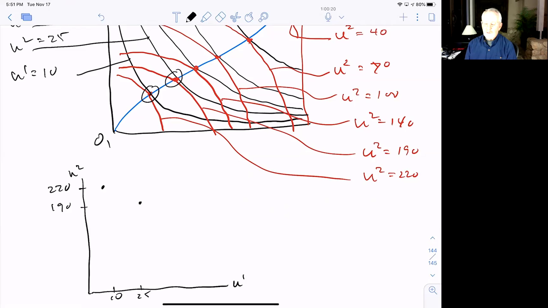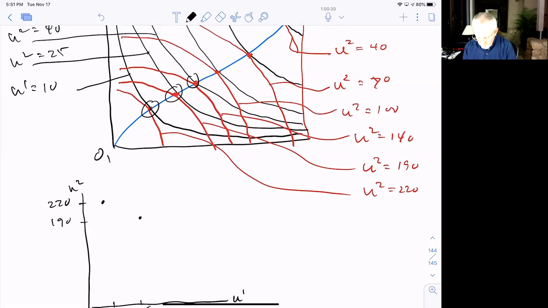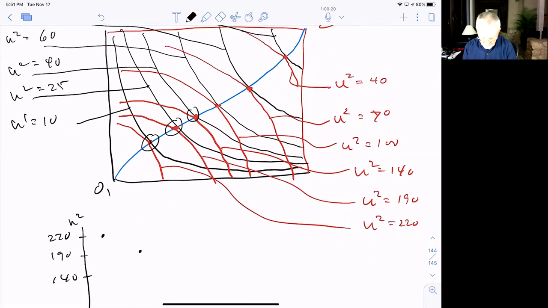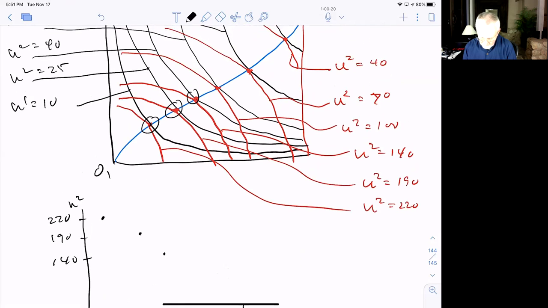Since I'm mapping the utilities from the contract curve, these are all Pareto efficient points. Going to this point here, what do I get? I've got utility here is 140, and this utility there is what? 40. So there's another point. And I just keep this up.